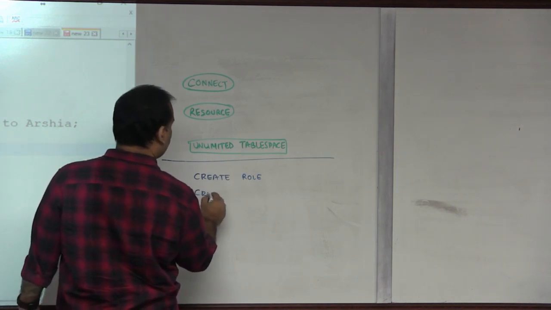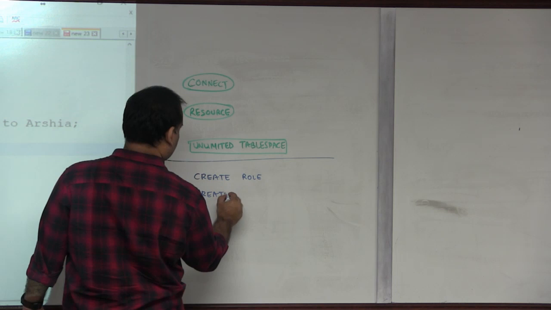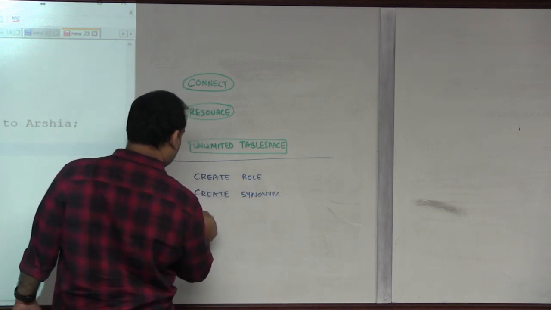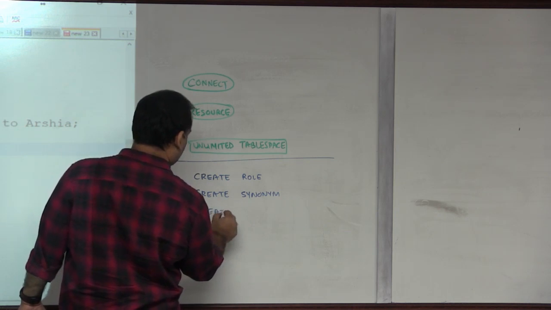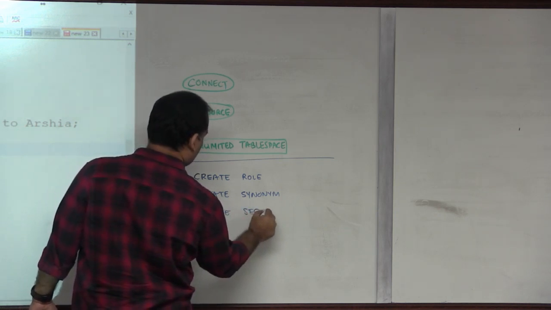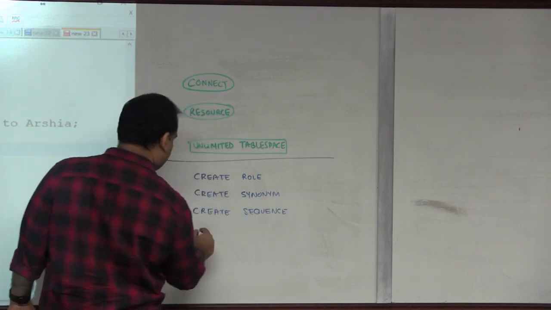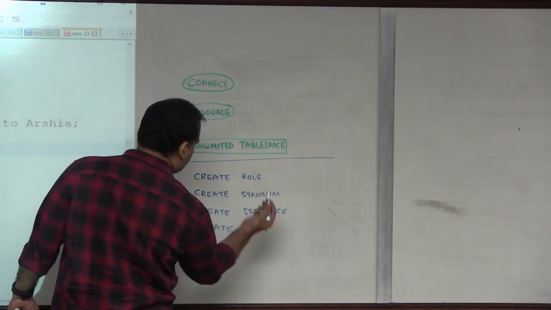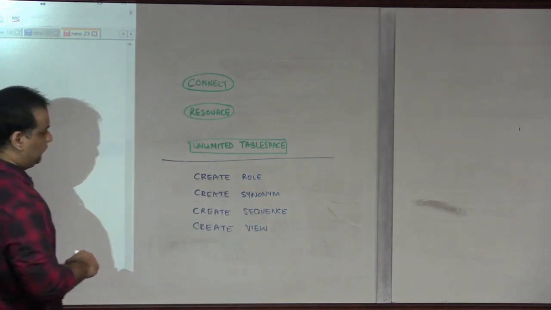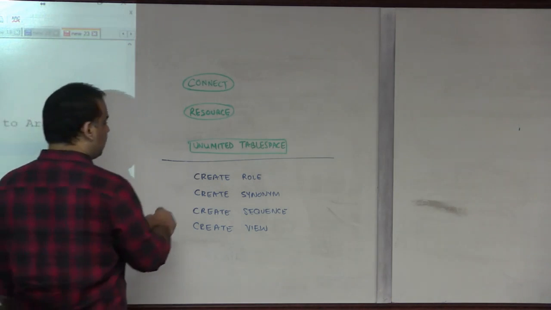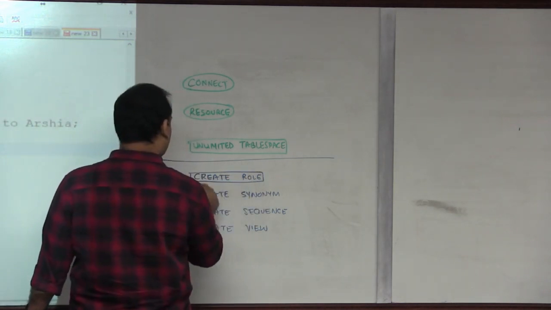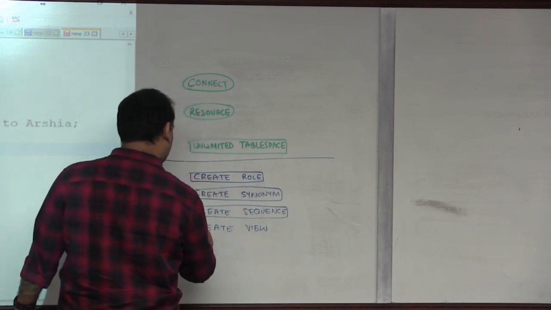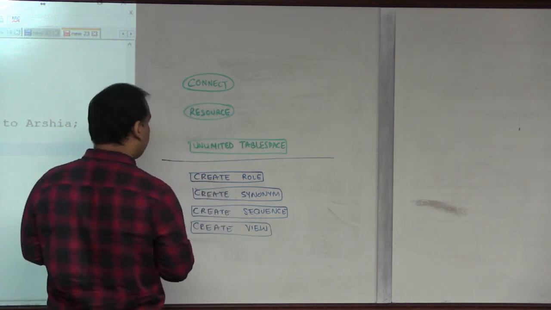Then create synonym, create sequence, and then create view. These are the additional permissions that we want. Each of these by itself is one permission.